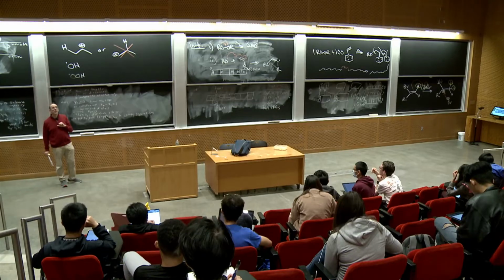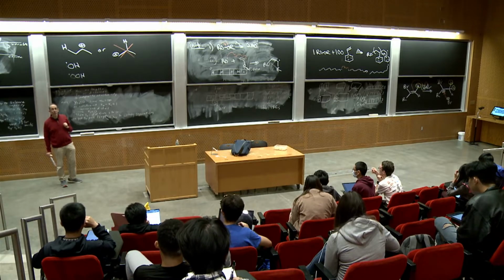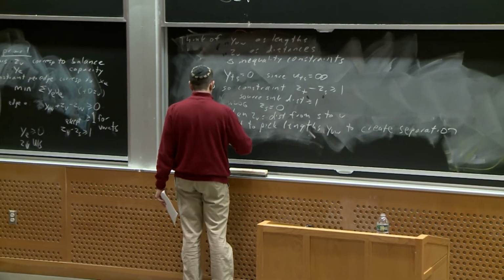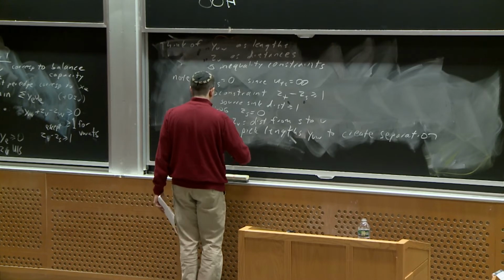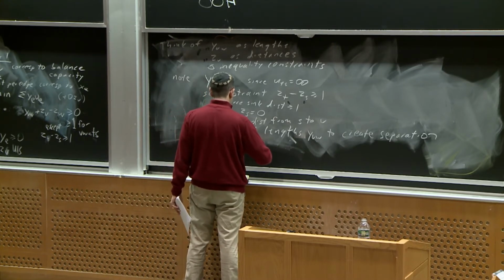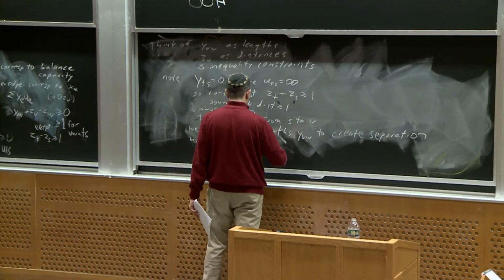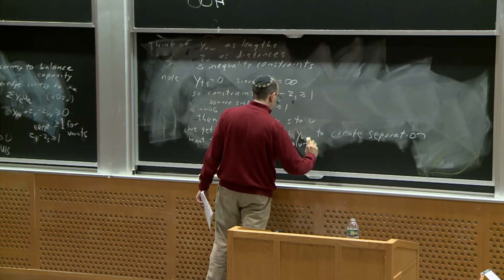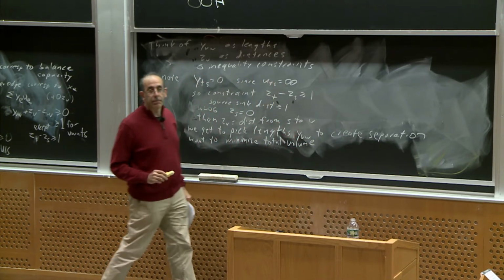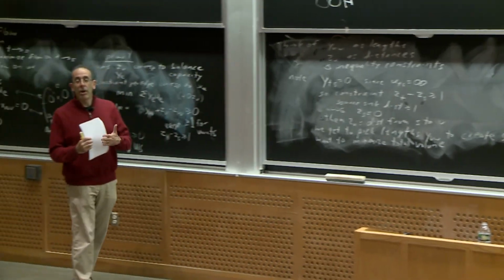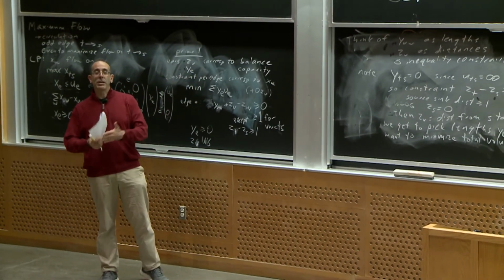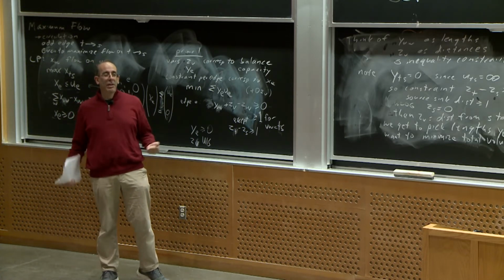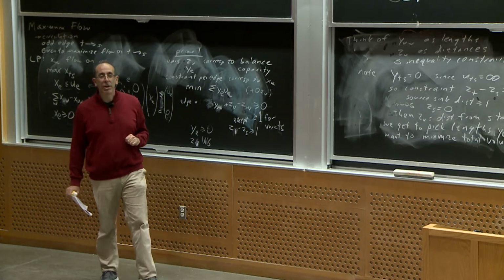The volume of the pipe, right? So we want to pick the lengths to minimize the total volume of the network. We don't want to put a lot of length on a fat pipe because that creates a lot of volume. Instead, we want to put our long lengths on thin pipes because that won't generate a lot of volume.